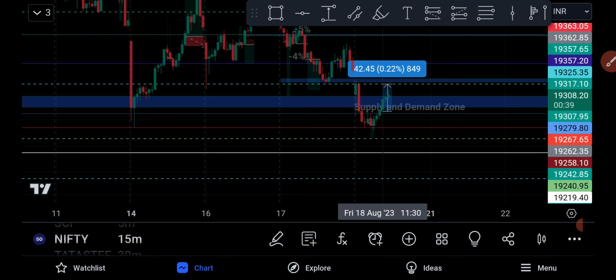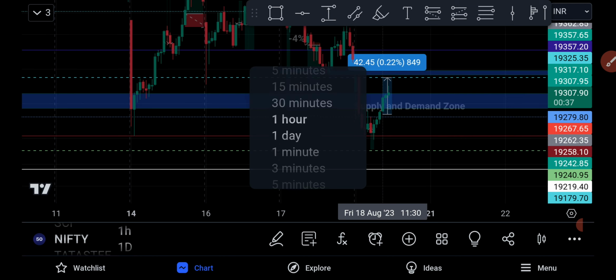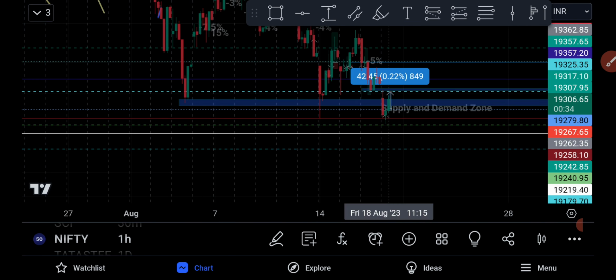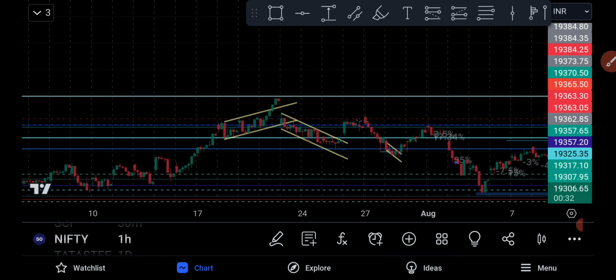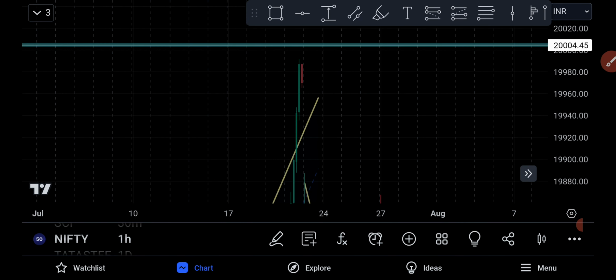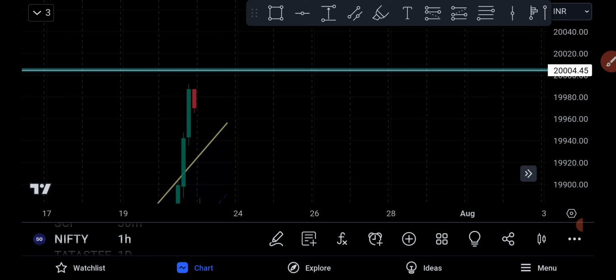Let me show you the 1 hour time frame so you can understand clearly what I'm trying to say. Here, this is the 20,000 level. The market almost tried to touch the 20,000 level.